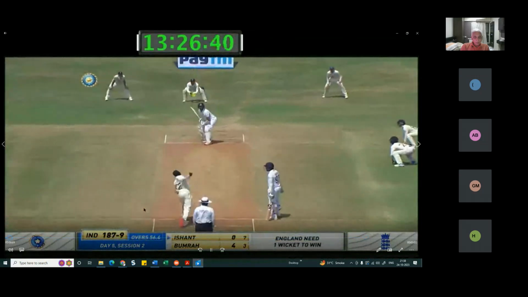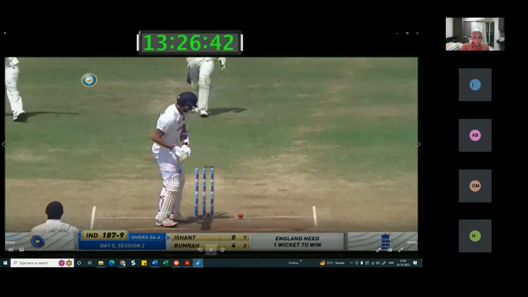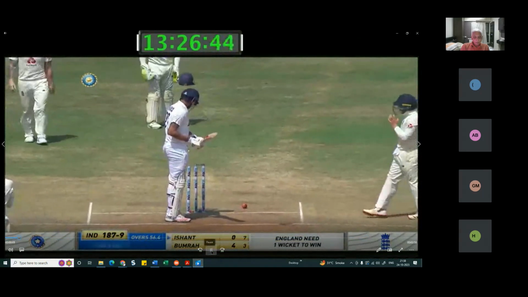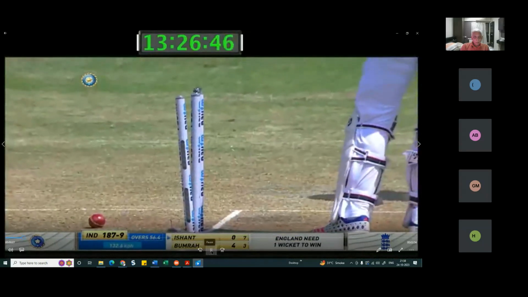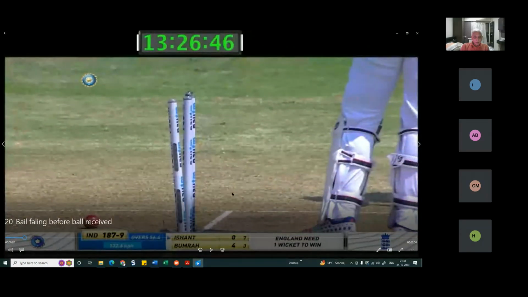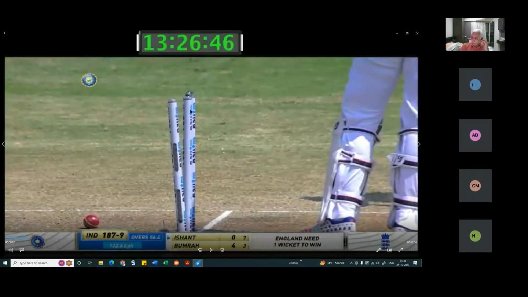Now here, there are a few things you might see. One of the things is that it appears that this stump was loose, and I always recommend that your stump should be firm. That is why one of the stumps has fallen back and has caused this problem.